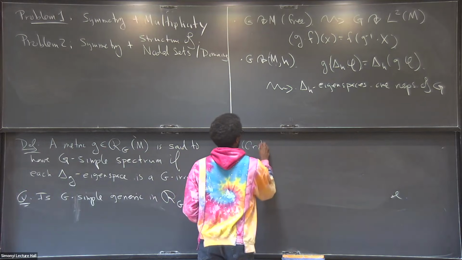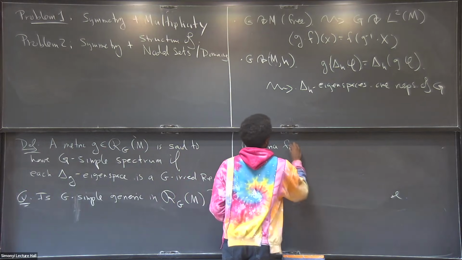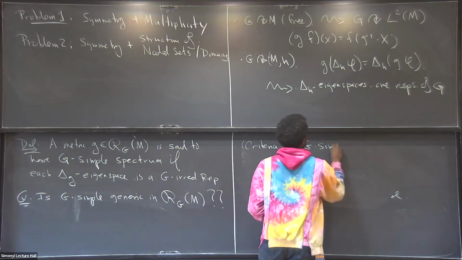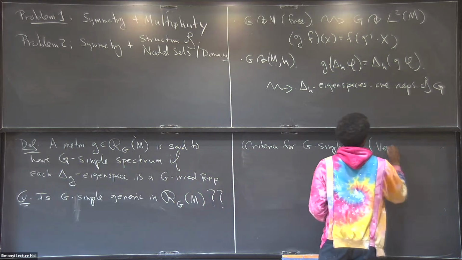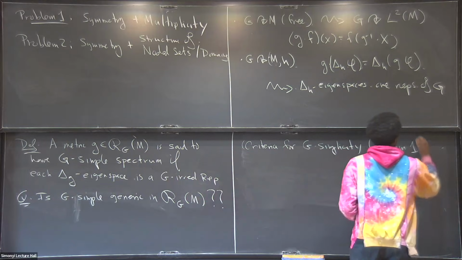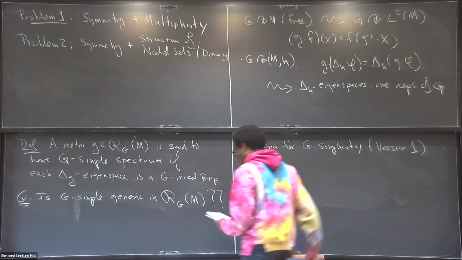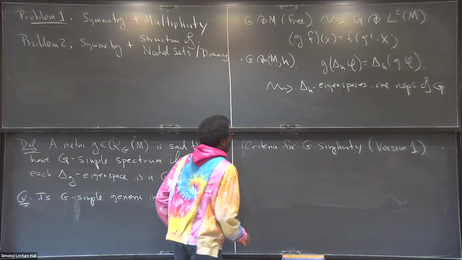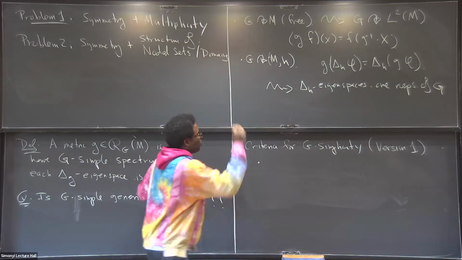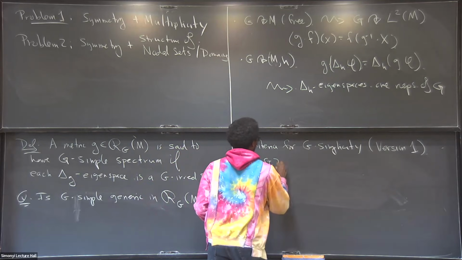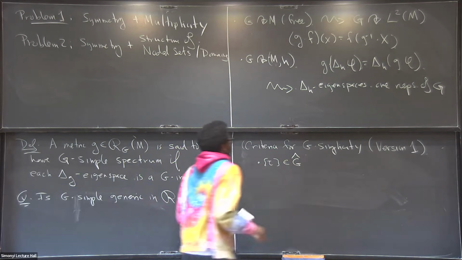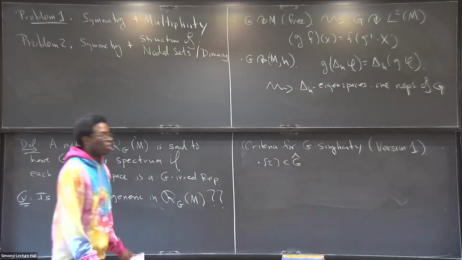Okay, so here we go. Criteria for G simplicity. I'll say this is version 1. Not clear if we'll get to version 2. This probably won't be the last representation theoretic thing I have to say. So let's suppose I take an irreducible representation tau.